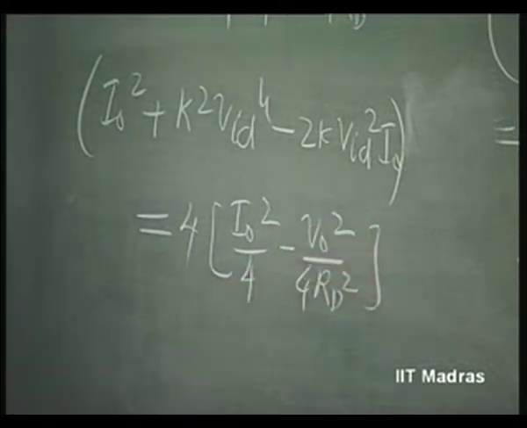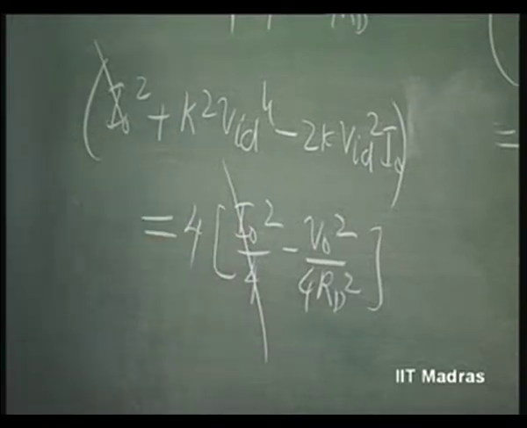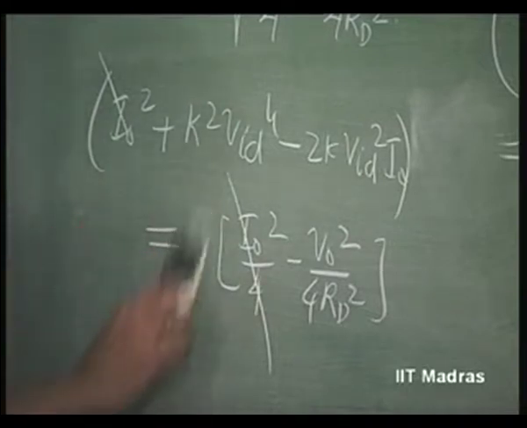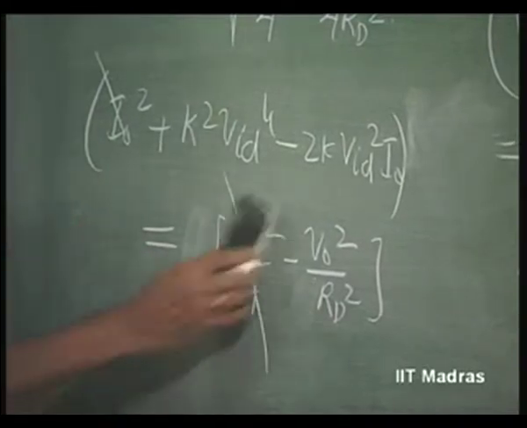Clear? So, now you have this getting cancelled with this. This is I naught squared, that is I naught squared, and we get this as minus V naught squared by 4RD squared. 4 gets cancelled.